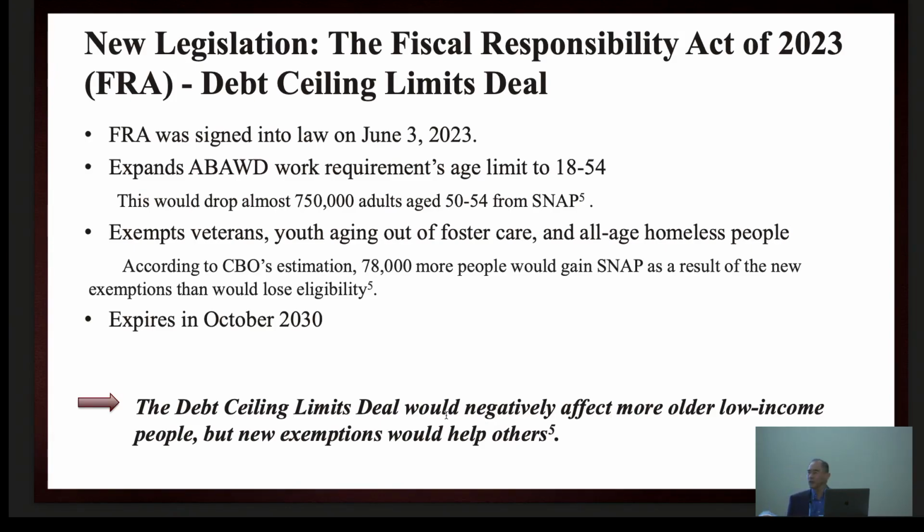It could be people living with somebody else for a certain period of time, I don't remember, maybe 18 months or so, but don't have a permanent residence, basically. Okay, so those can be considered under this homeless people definition. This is temporary. It will expire in 2030. But as you can imagine, this could potentially impact older low-income people, those 50 to 54.